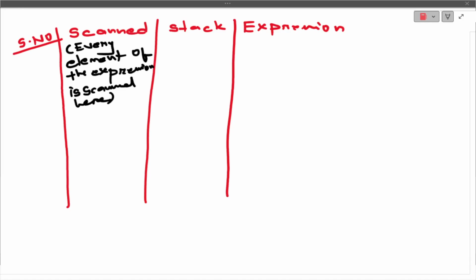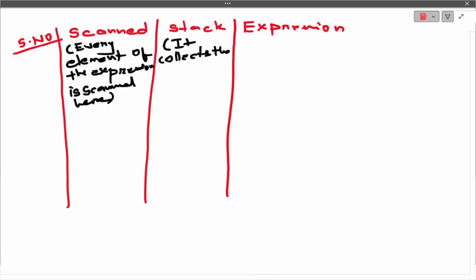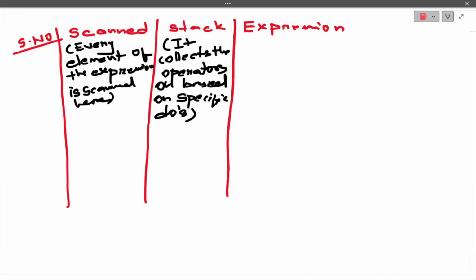The stack collects the operators only, based on some specific rules, specific do's and don'ts. It will follow some parameters for storing my operators.